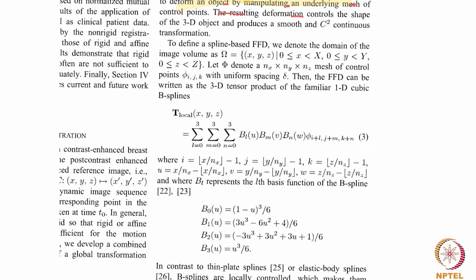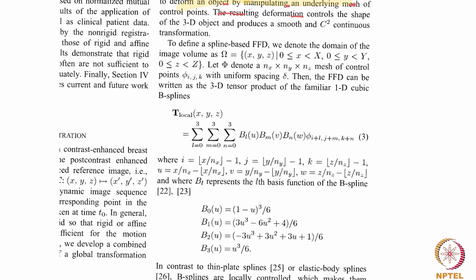This summation here tells you the number of neighbors that is taken into account. So L equal to 0 to 3, M equal to 0 to 3, N equal to 0 to 3. So we are looking at a large number of neighbors for a particular point x, y, z, because you are summing over phi of i plus l, j plus m, and k plus n.